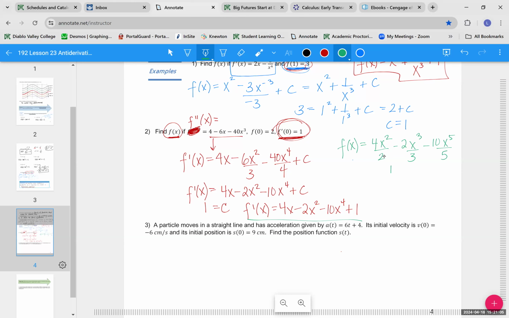Of course, I'm going to run out of space. So I have 2x squared minus 2/3 x cubed minus 2x to the 5th plus x plus c.